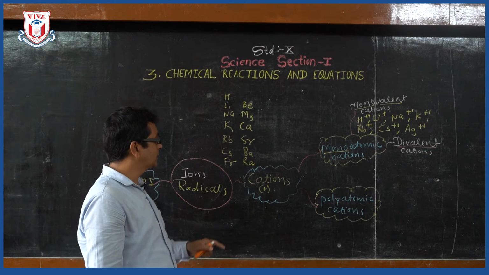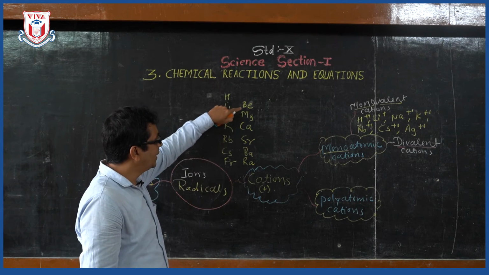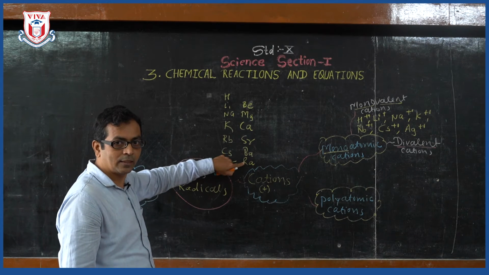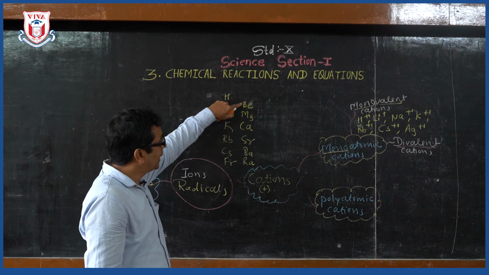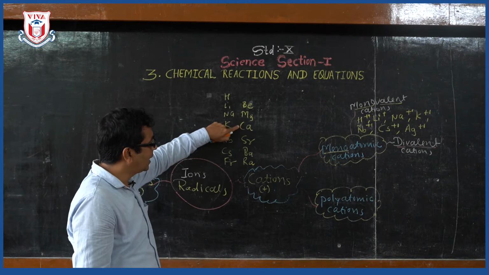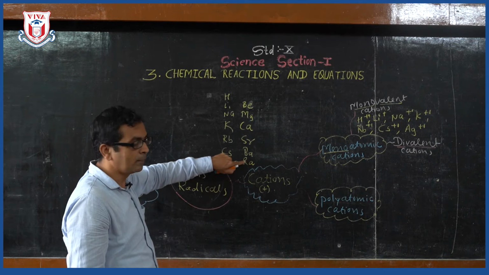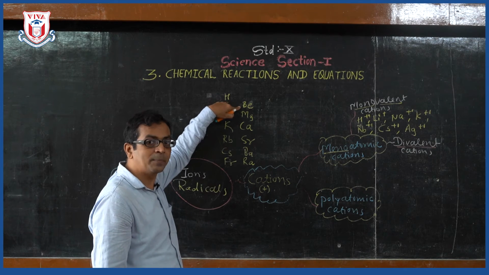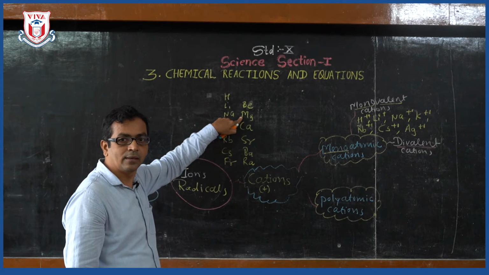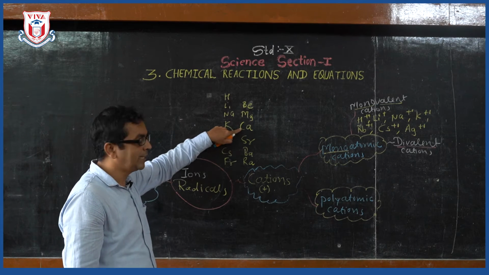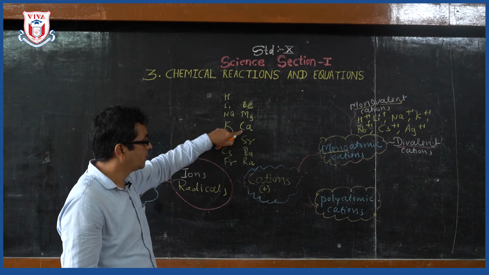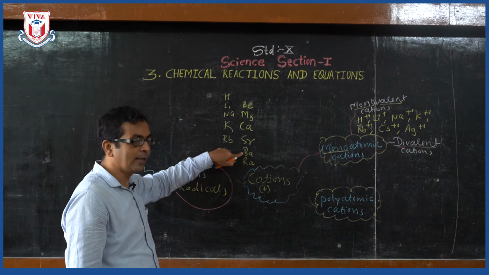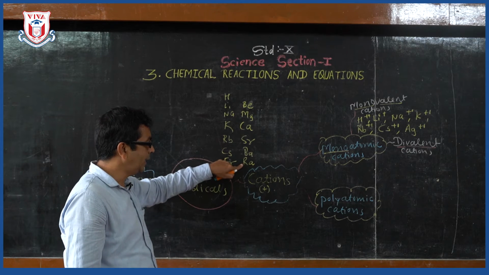You can remember it like this, or you can say a mnemonic. So here B is beryllium, Mg magnesium, Ca calcium, Sr strontium, Ba barium, and Ra radium.